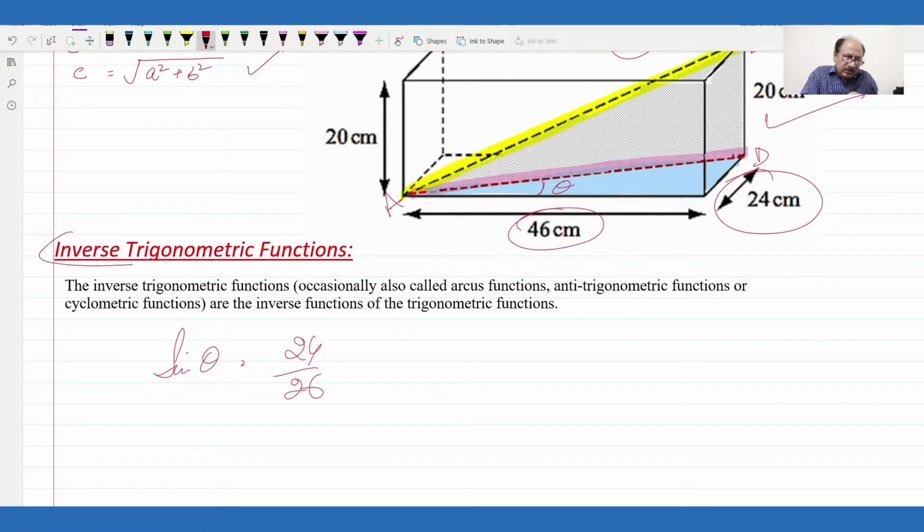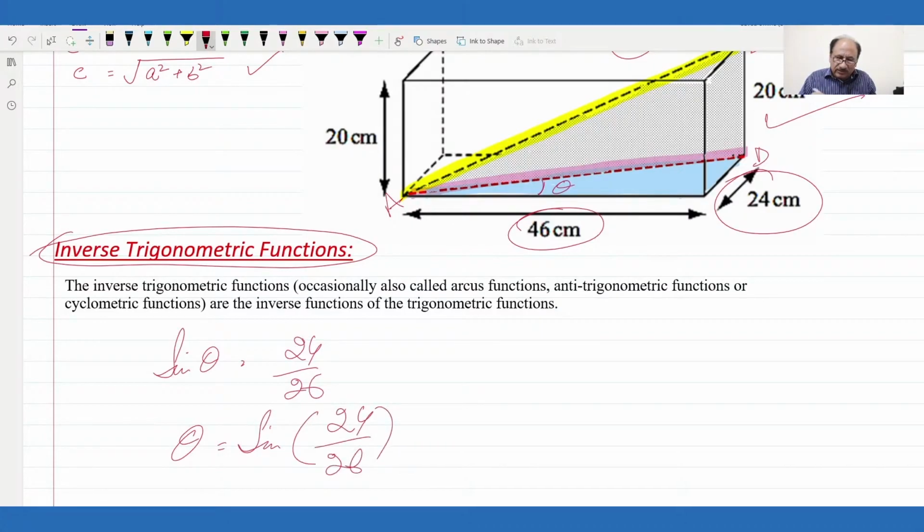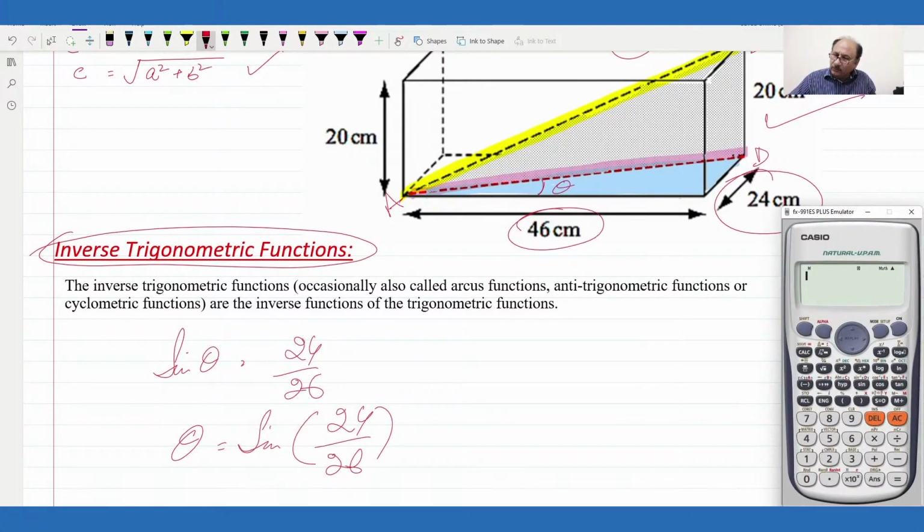And what is an inverse trigonometric function? This is what we are discussing. So theta will be equal to sine inverse of 24 over 26, and directly you can take the value using shift sine of 24 over 26.